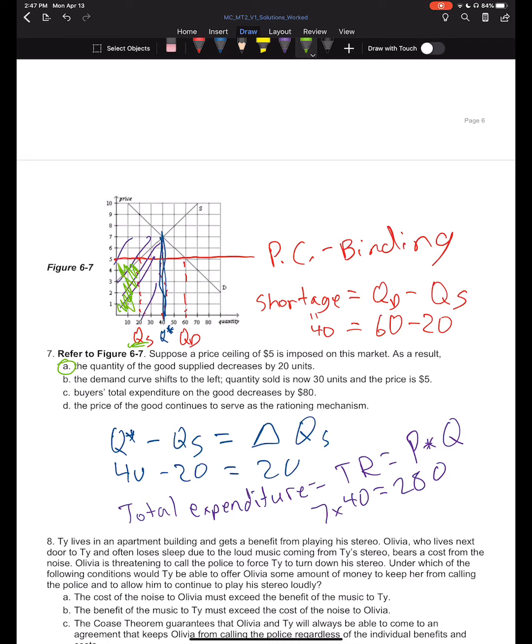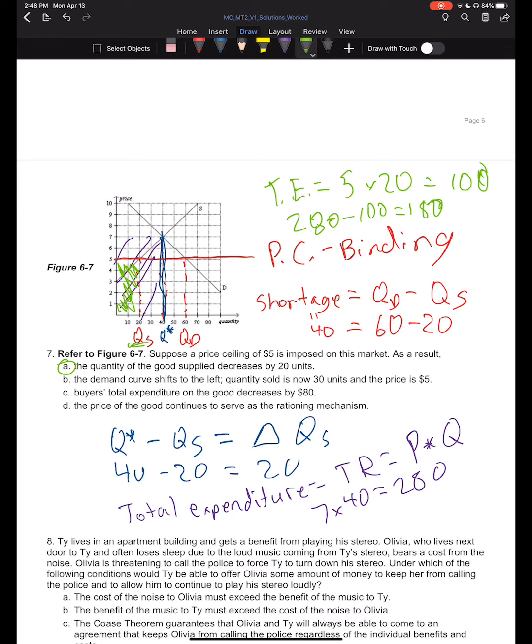So now this is their new total expenditure, and that's 5 times 20, which equals 100. 280 minus 100 is equal to 180. So we know that C is also not correct.